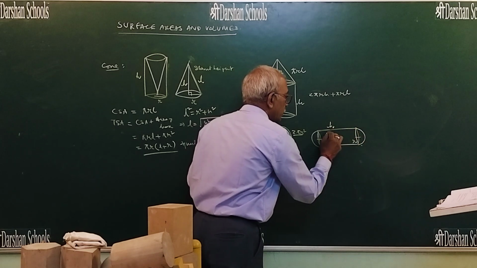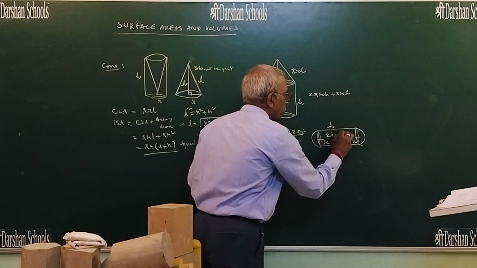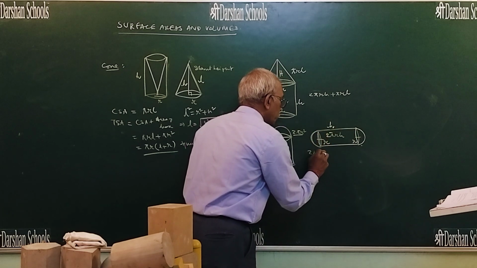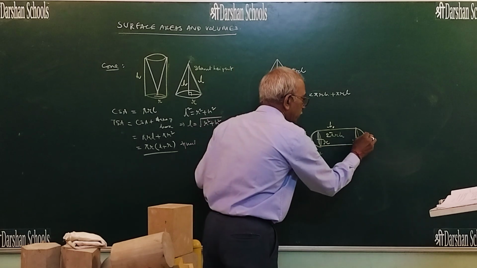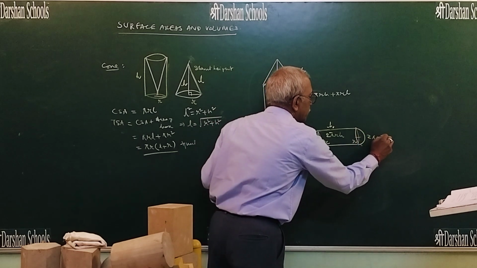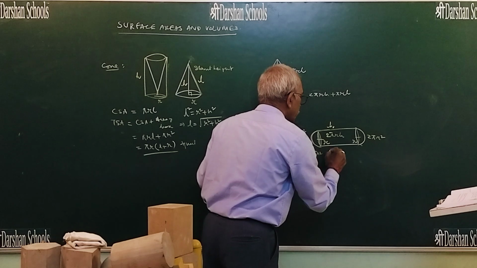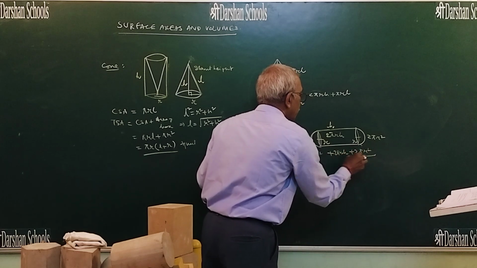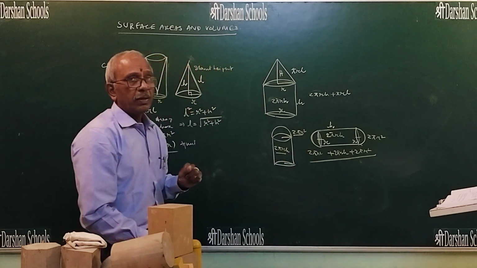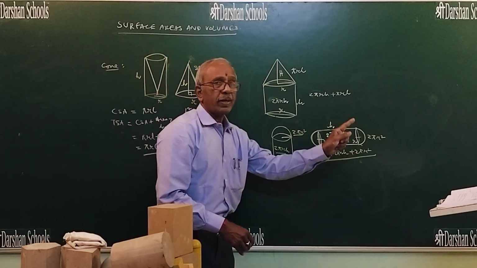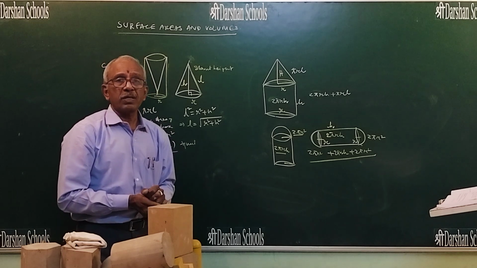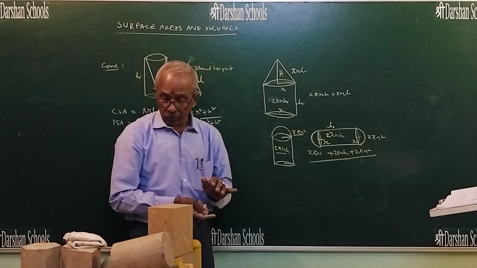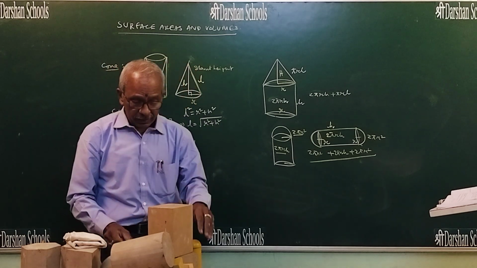For this the curved surface area is 2 pi r H. This curved surface is 2 pi r square, this curved surface 2 pi r square, and therefore 2 pi r square plus 2 pi r H plus 2 pi r square. Done. So 2 pi r H plus 4 pi r square is the total curved surface area of the capsule. So these are the different models, and one more, cone surmounted by this, I told you already.